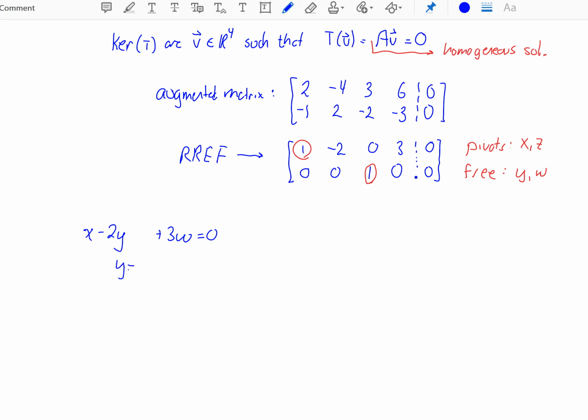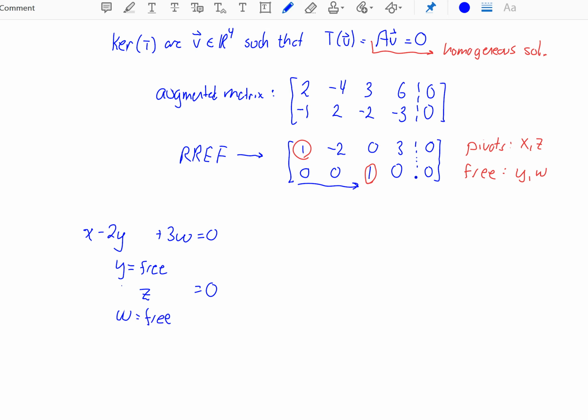This we knew as a free variable. Now our second row of this matrix says that z is going to equal 0. And I want to line this up with where z would have been. And then also we had w was going to be a free variable.